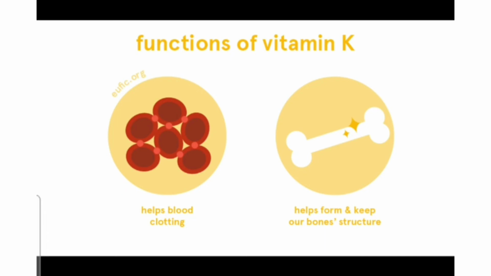The cascade mechanism consists of the intrinsic and extrinsic mechanisms of blood coagulation. Vitamin K helps in this cascade mechanism during blood clotting. This mechanism is primarily important as it prevents loss of blood from the body and hemorrhages.